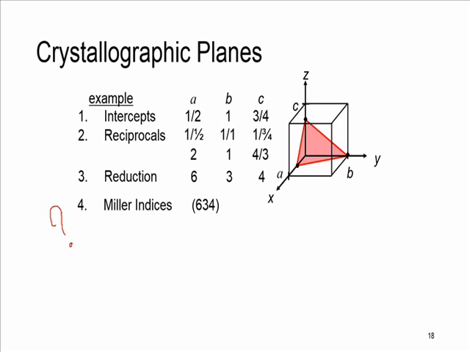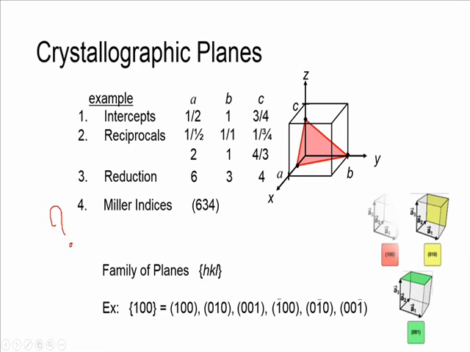Apart from finding crystallographic planes, remember that in the cubic system, planes that have the same indices regardless of order or sign are equivalent and they belong to the same family. We show it as a family of planes. As you can see here, these different planes actually belong to the same family.